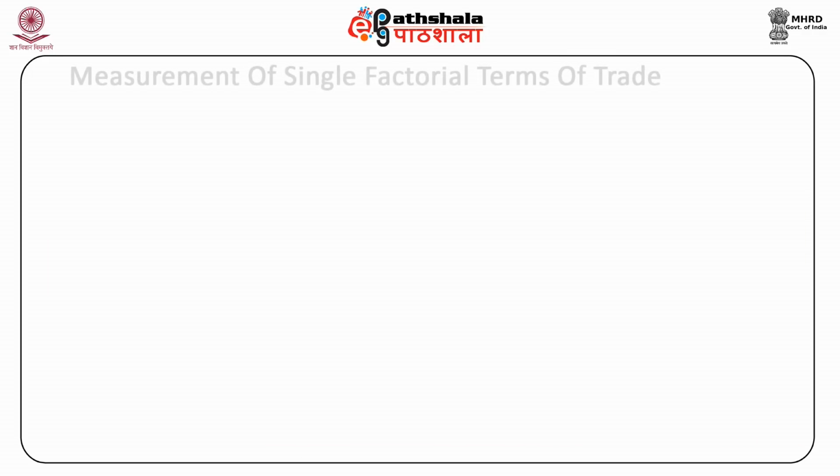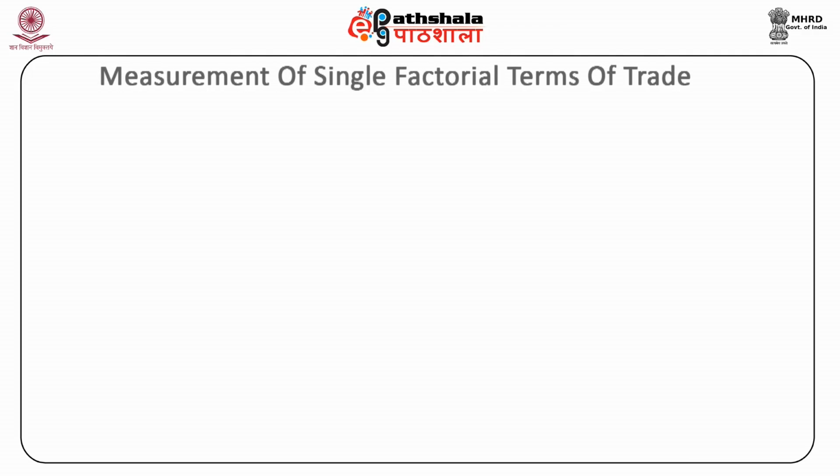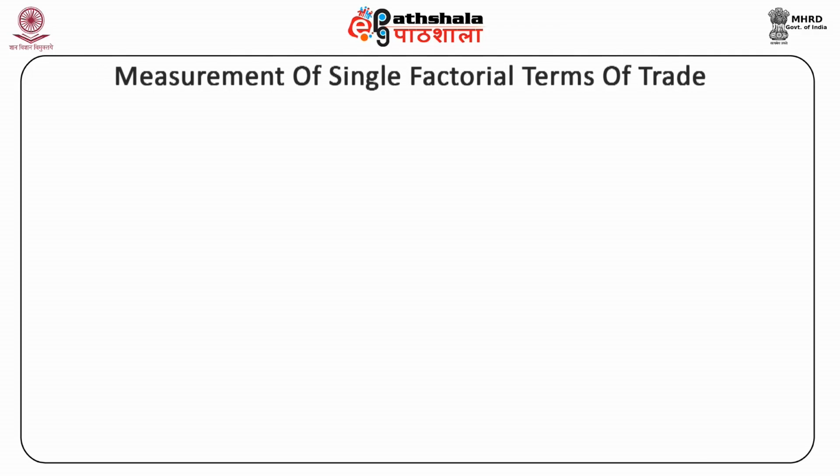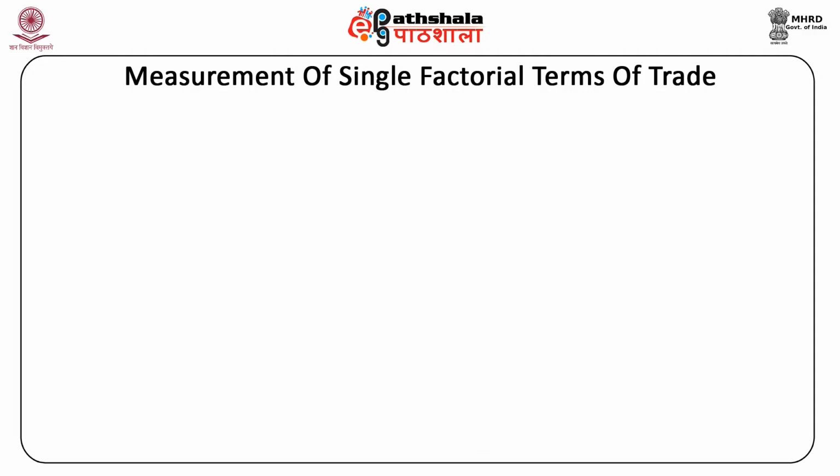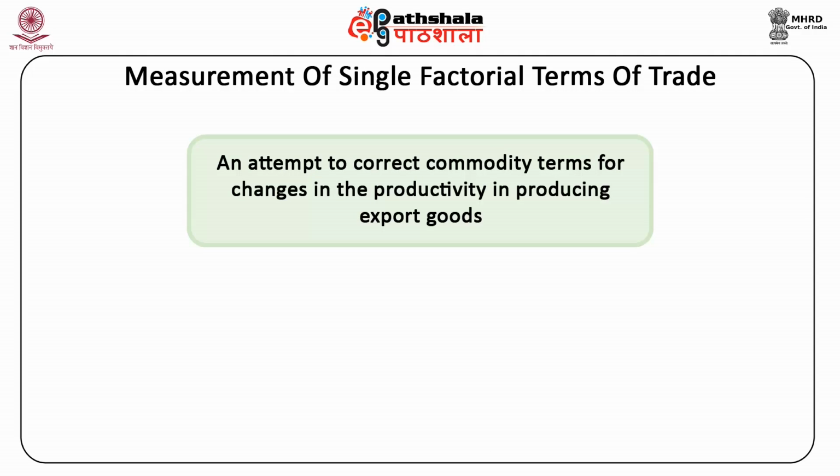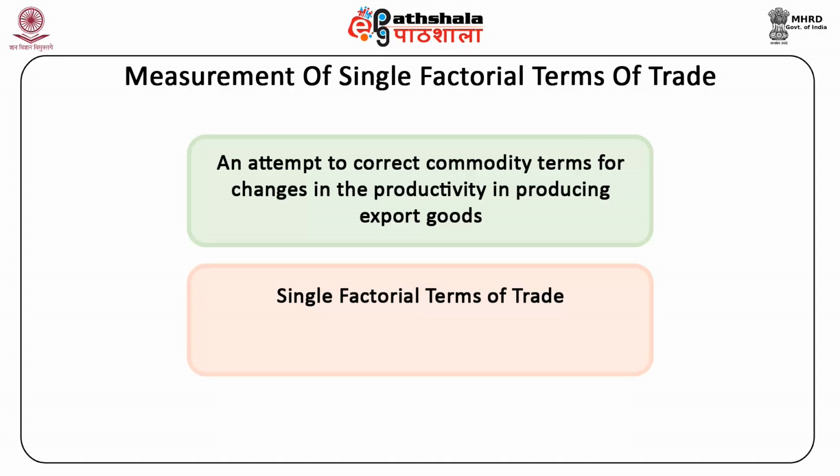While income terms of trade correct the commodity terms of trade for changes in the export volume, there is another attempt to correct commodity terms for changes in the productivity in producing export goods. The single factorial terms of trade is an attempt in that direction.